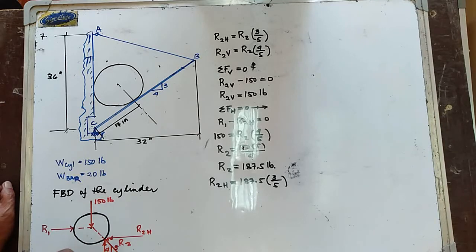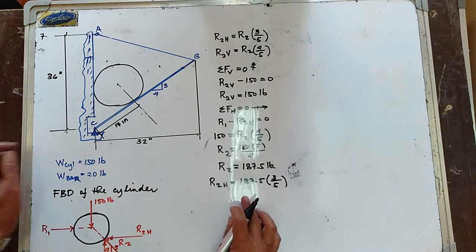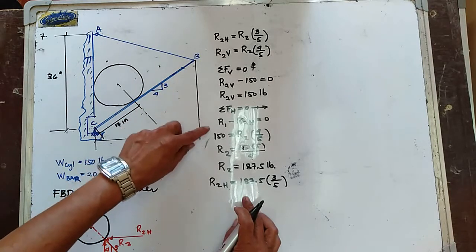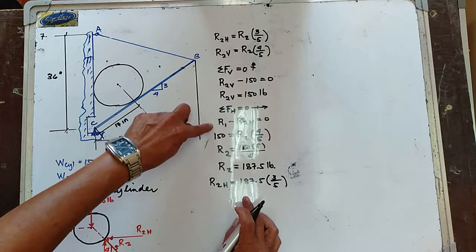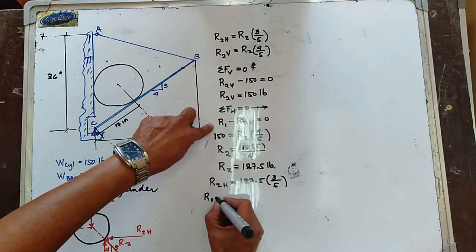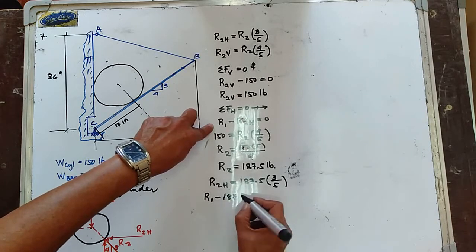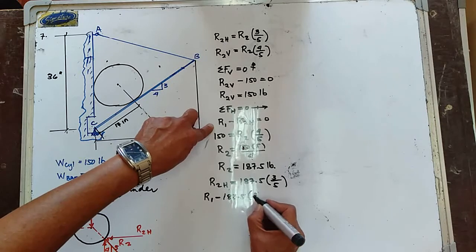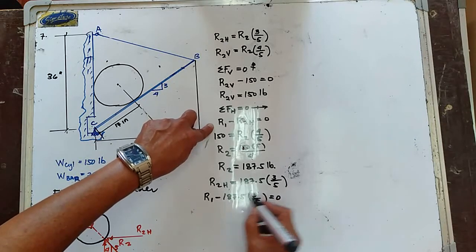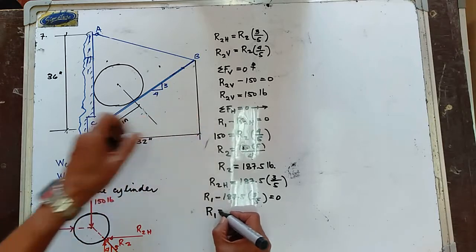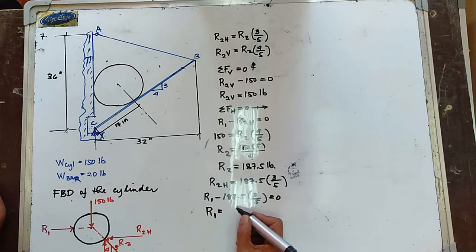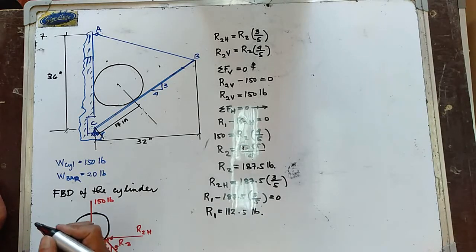Now, summation of forces horizontal is equal to 0: R1 minus 187.5 multiplied by 3 over 5 is equal to 0. Hence, your R1 is now equal to 112.5 pounds. So that is therefore the value of R1.